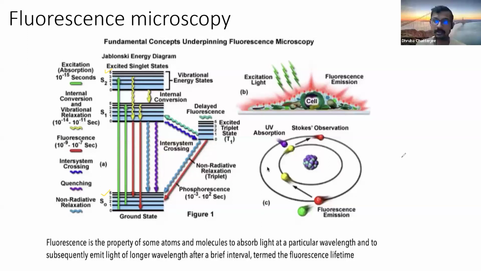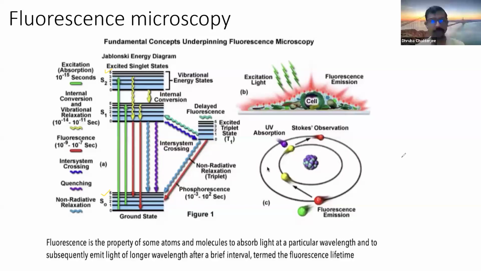The one approach will be if you have an antibody that specifically recognizes that particular protein, and on top of that antibody you have attached a fluorophore, for example a green fluorophore, that will be excited by a particular wavelength of light and will emit a particular wavelength of light, right?